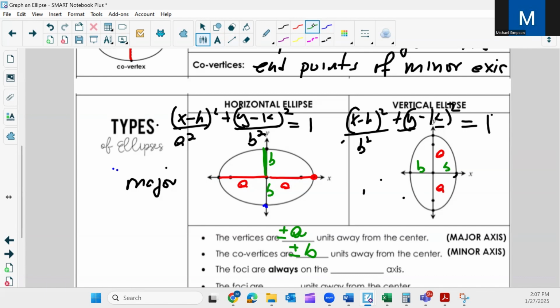Now the foci. These dots right here are your foci. This is the focus right here. They're always on the major axis. So here, this is horizontal, so they're right here. Vertical, they're always on the major axis.